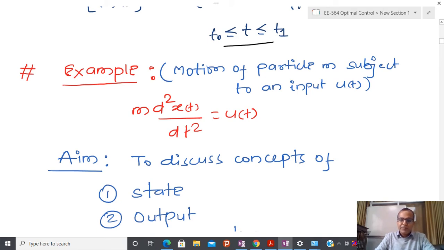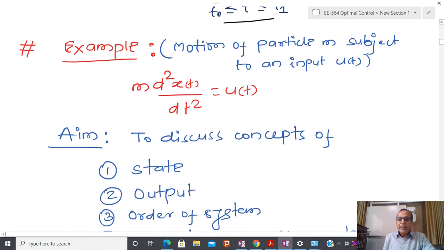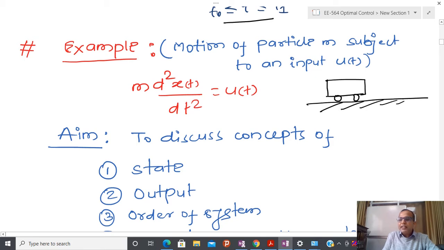In order to talk about another important quantity which is quite useful to denote any problem related to system theory, or optimal control, I have selected some object, and I am saying that this object is only moving in one dimension, and I am going to apply some kind of force u(t), and this is the mass m.